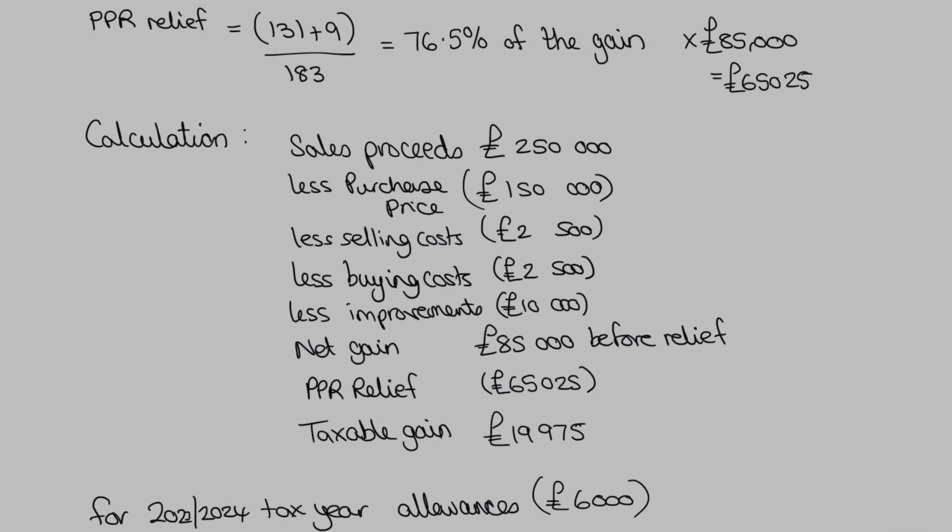There are some options where you may be able to transfer the property into your spouse's name before it's sold, which means you get two lots of personal allowance, taking it from 6,000 to 12,000. This is one way of reducing the tax that you may have to pay. As you can see, the principal private residence relief has had quite an impact on the calculation and has really brought that capital gains tax amount down.